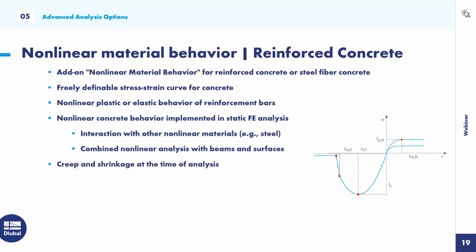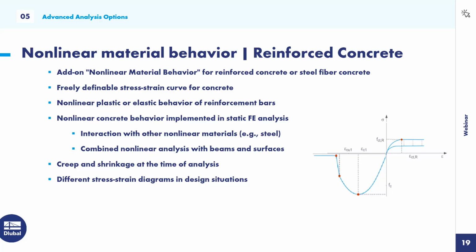Creep and shrinkage is considered at the time of the analysis, so I can make the analysis from one edge of the concrete, and then creep and shrinkage is considered to this point. And also one very important topic is that we are now able to switch the nonlinear material from one design situation to the other one.